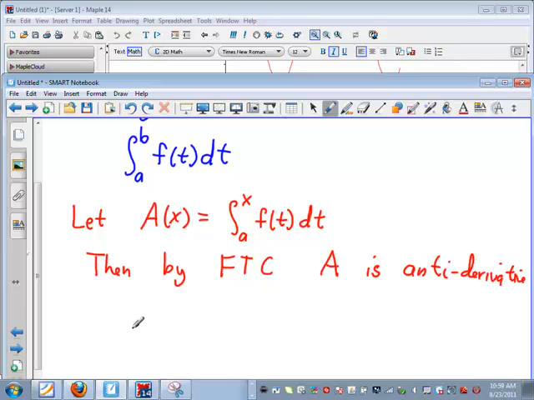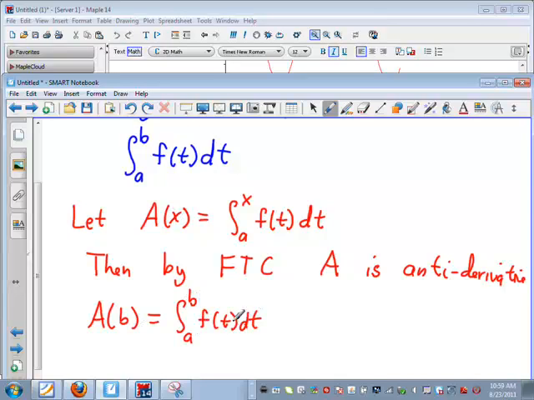I want to just remark that about A of B. What is A of B? Wherever there's an x, I put a b. So it's the integral from a to b of f of t dt.